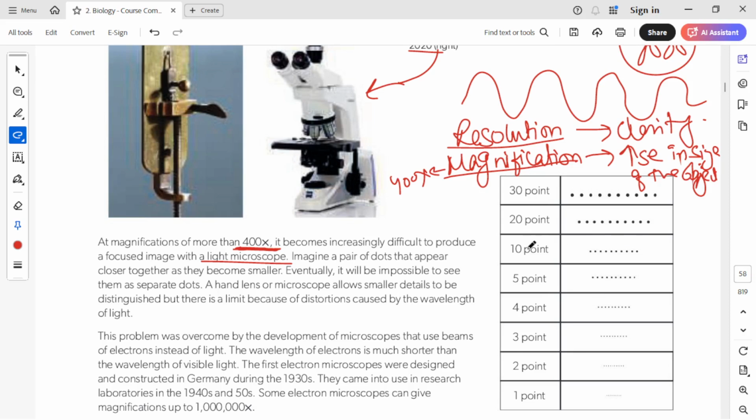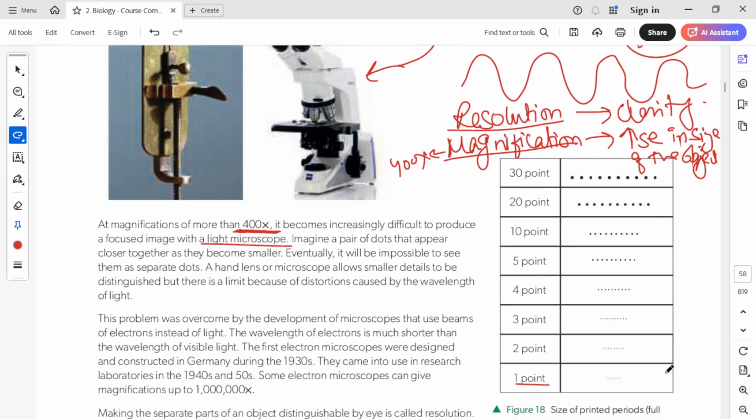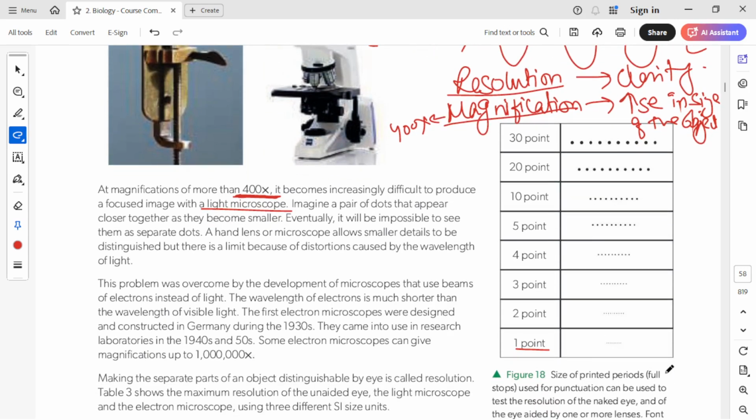So here an example is given. For example, these dots at 30 point, we can clearly see them separately. At 20 points, and after slowly decreasing the size of it, see here at one point we can hardly see the dots. But if we decrease the size even more, then you won't be able to differentiate whether these are different dots or a single line.